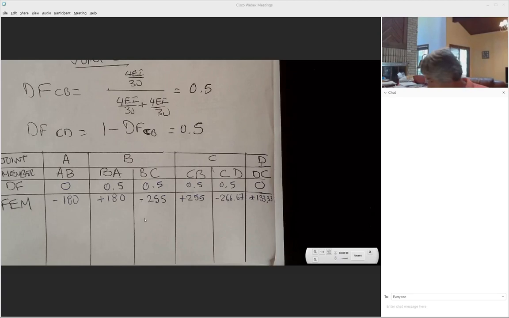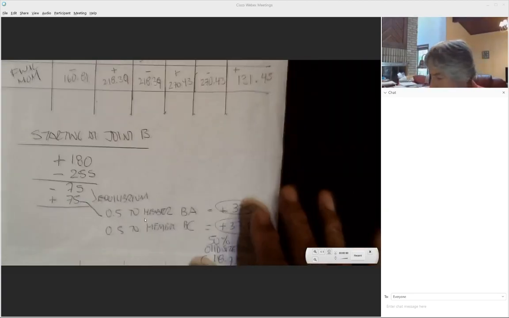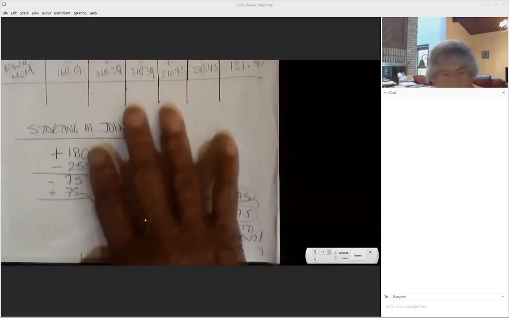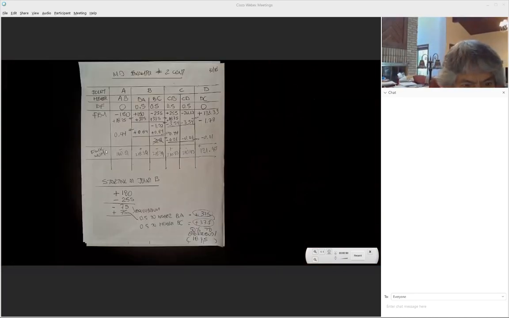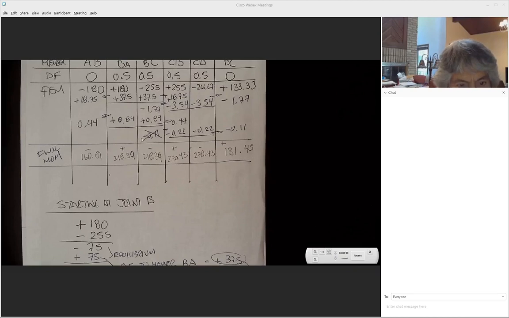So yesterday we started this problem and we did a distribution. I stopped here. I had added all of the moments, and this is what it gives me.